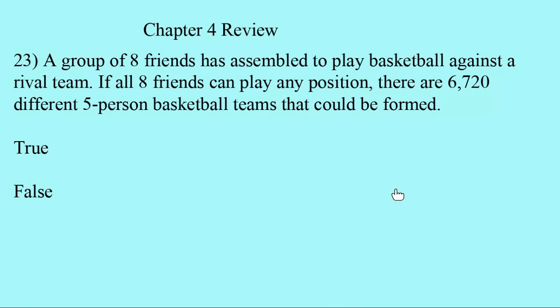All right, so a group of 8 friends has assembled to play basketball against a rival team. If all 8 friends can play any position, there are 6,720 different 5-person basketball teams that could be formed. Is this true or false?